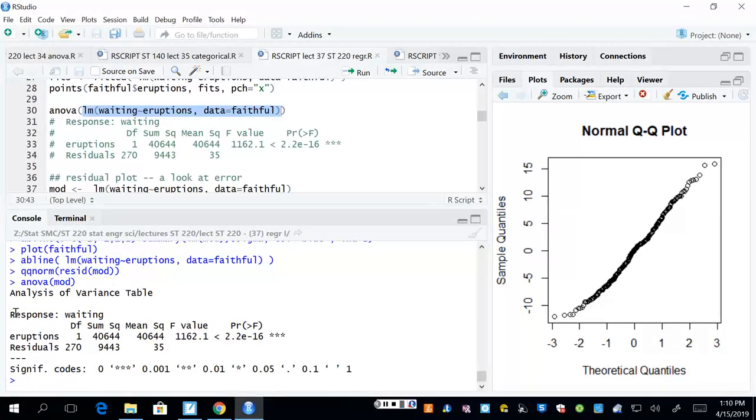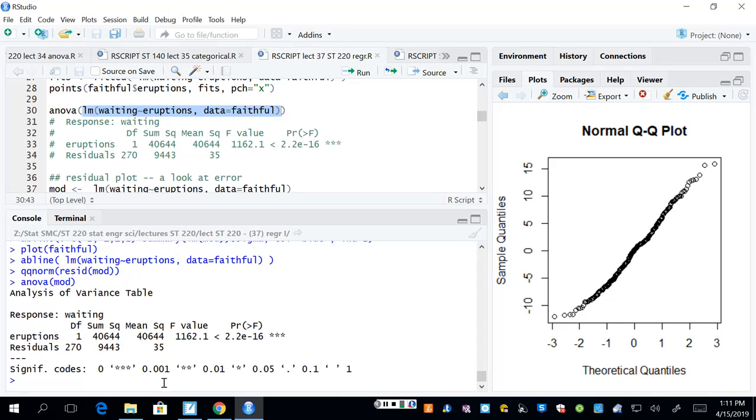It says the response variable is waiting time. We had 272 observations. So instead of calling it regression, it puts the eruptions variable name there. That's the x variable, so that's the systematic part, changing with x. Sums of squares for these two.